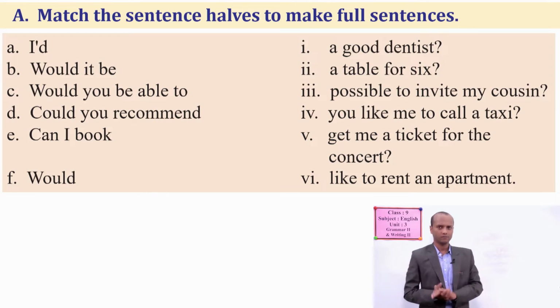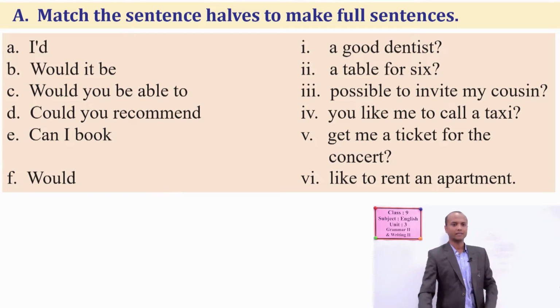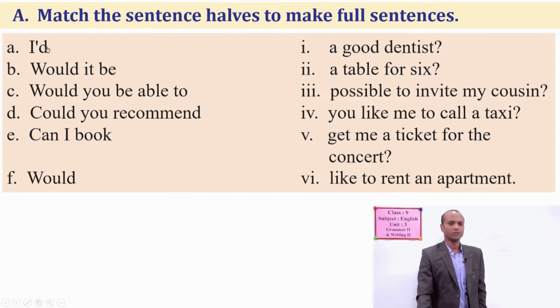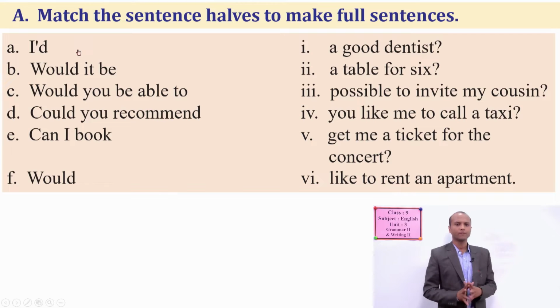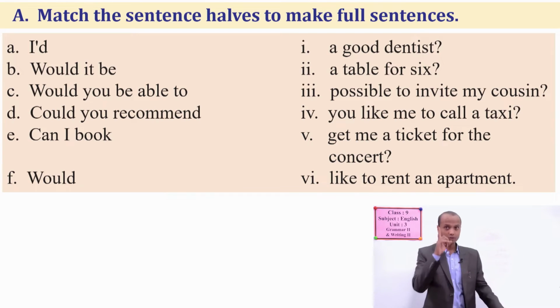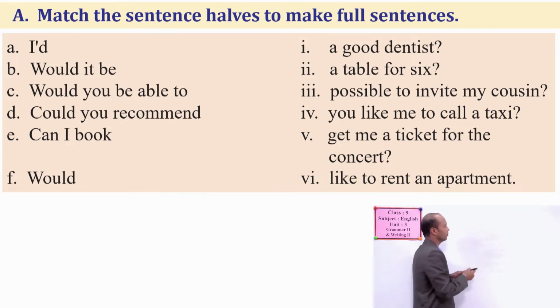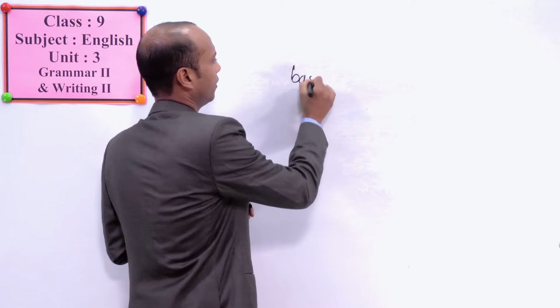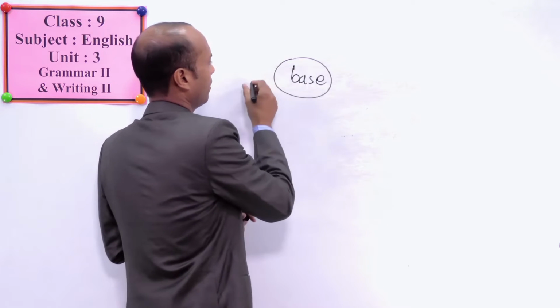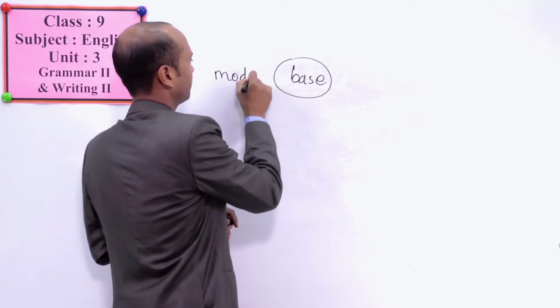Please try making complete sentences. For example, you have to start with I would. So you see I apostrophe D, it means I would. Please think. Generally, as I said earlier, if there are modal verbs, remember, you use the base form of the verb with modals.